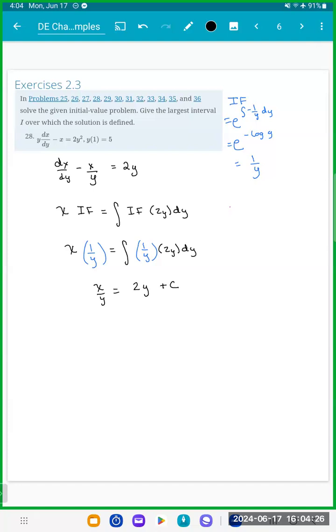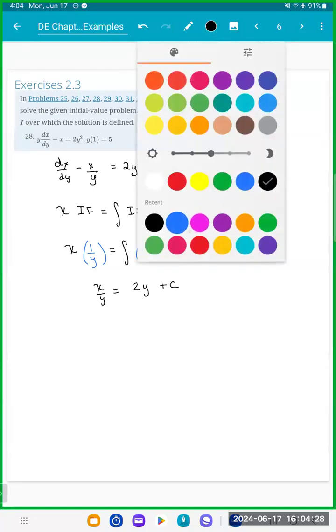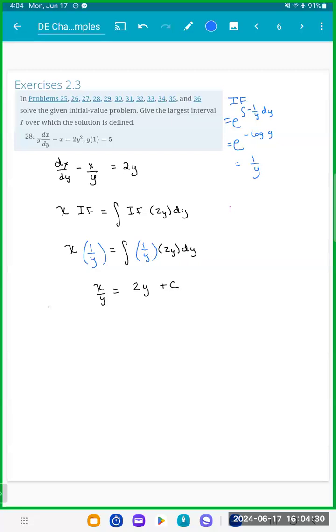Okay. So now let's plug that in using what we were given. We were given that y of 1 is equal to 5. So that is 1 equals 2 times 5 squared plus c times 5. And so c is going to be -49 over 5.